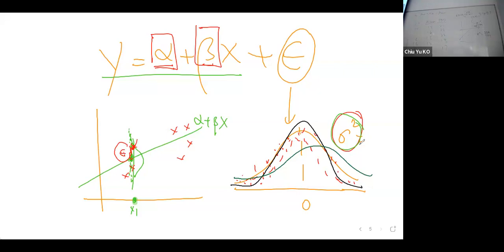But of course, in reality, I allow my alpha and beta to change. The idea of MLE is that I adjust my alpha, beta and sigma such that it's the best fit, and the fit is called likelihood. That's why it's called the maximum likelihood estimate. I don't want to go into the technical part, but that's what it means.